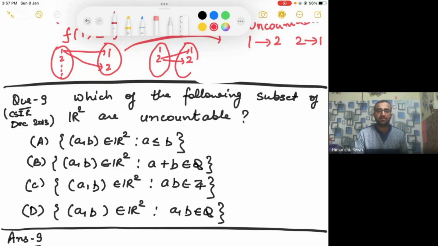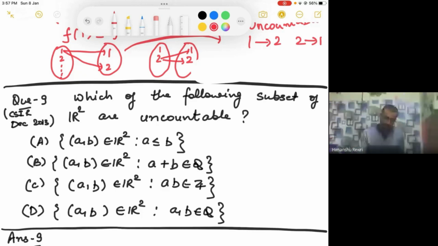The second option is when a plus b is a rational number. The third option is ab, the product of two numbers a, b, will be an integer. And option D is (a, b) is a rational number.